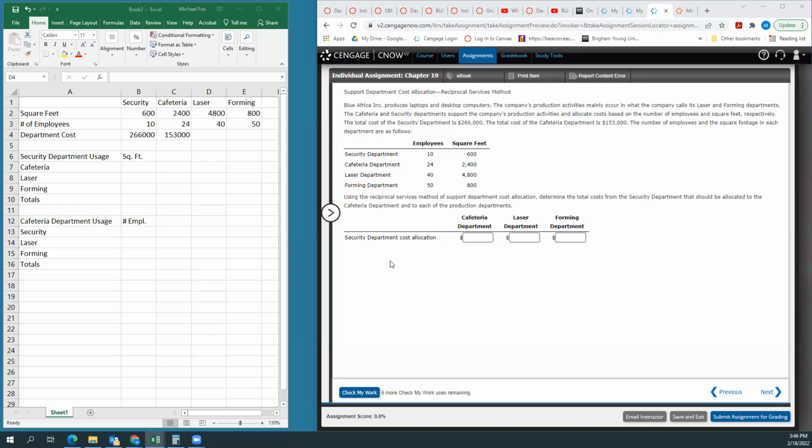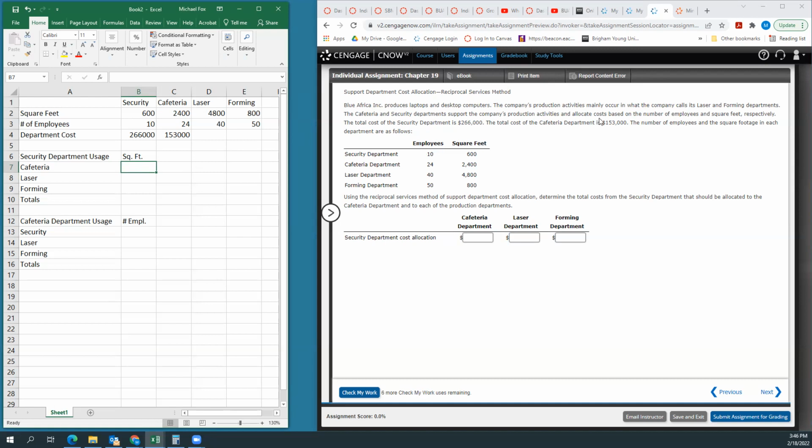So the first thing I need to do is figure out the percentage of usage of the security department and the cafeteria department. So again, for the security department, we decide usage by the number of employees. Is that right? Let's see, no, the cafeteria is the number of employees.